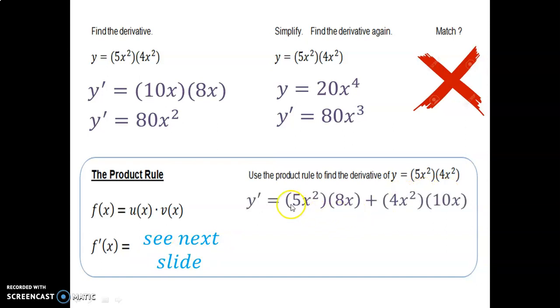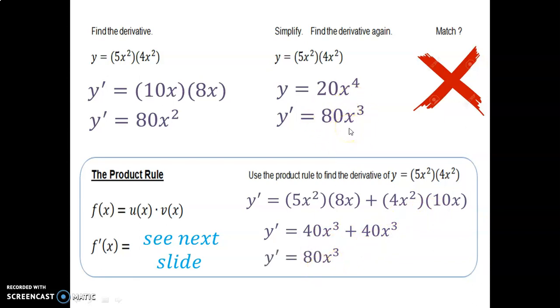So how you begin to find the derivative of something where there's a product of two functions is you do first function times derivative of the second plus second function times derivative of the first. Okay, these can simplify. This becomes 40x cubed. This multiplied becomes 40x cubed. Add those together, 80x cubed. It matches what we had here.